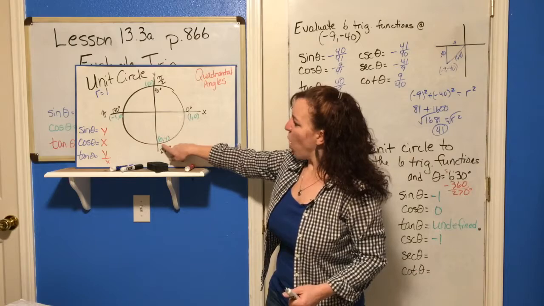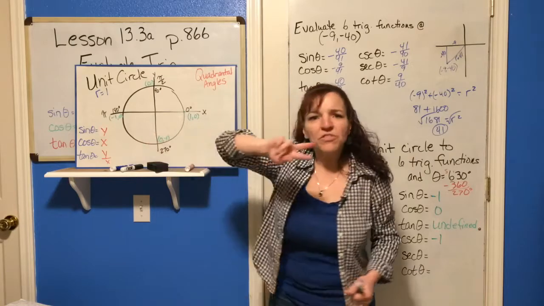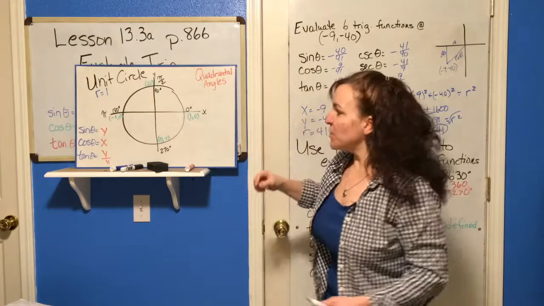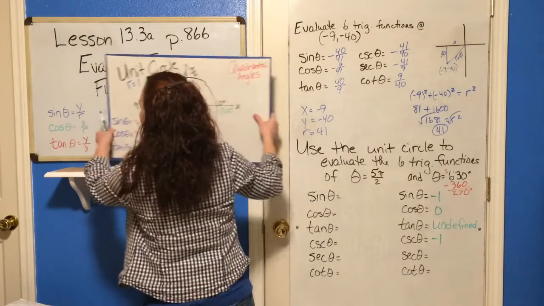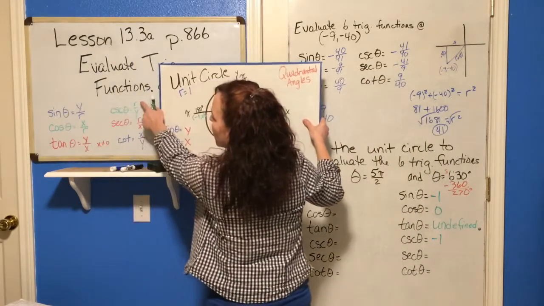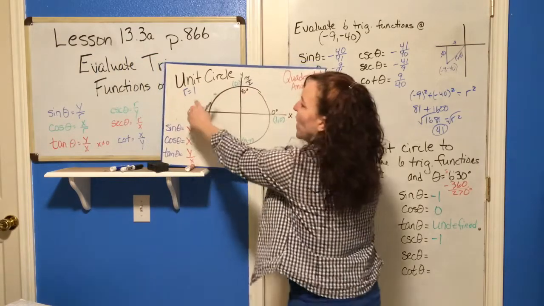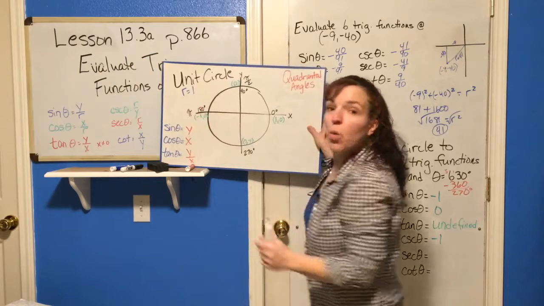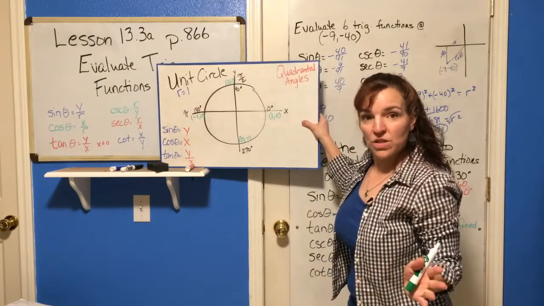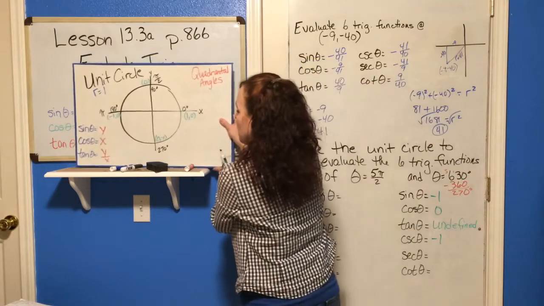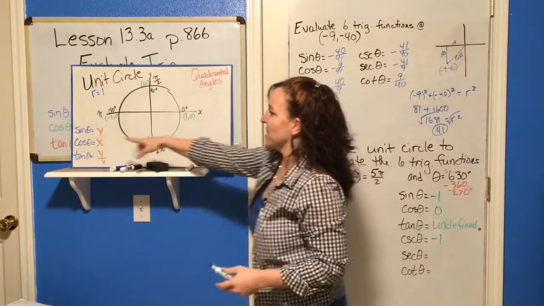The reason we can say 1 over is because, remember, it's the radius over y and the radius over x, but our radius in this circle is equal to 1. That's why we can do this with all of those. Just flip it and say it's 1 over this. And that's why we can simply say that the sine is just y.